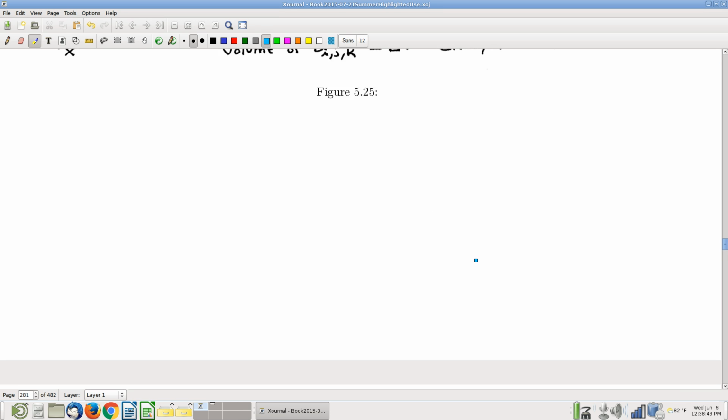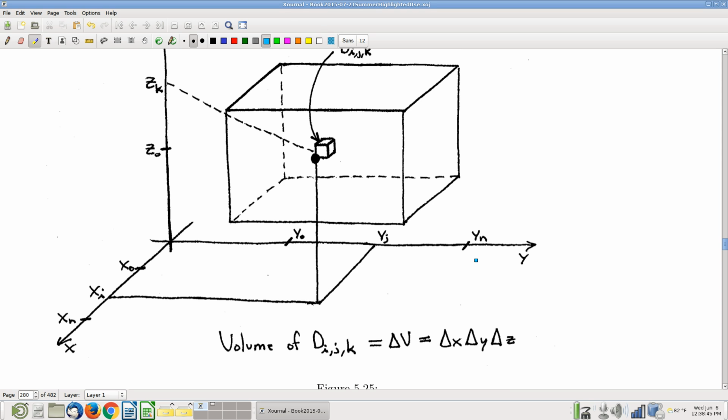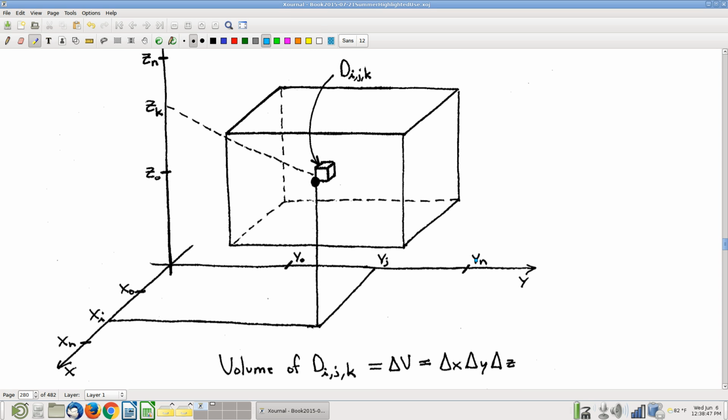And what we're talking about in that algebra is what we have in this picture right here. Not a one-dimensional interval, not a two-dimensional region, but a three-dimensional box that is your domain, such as this one.